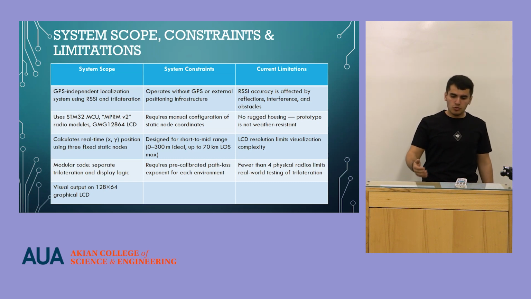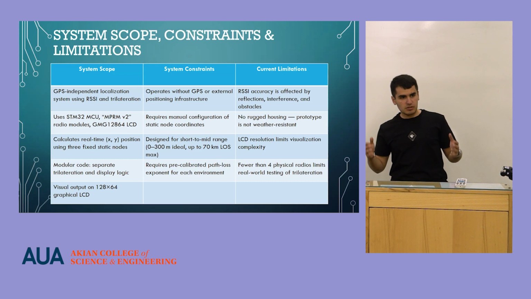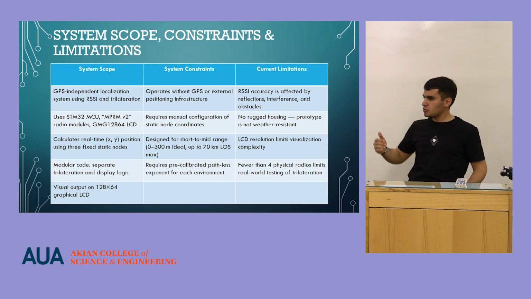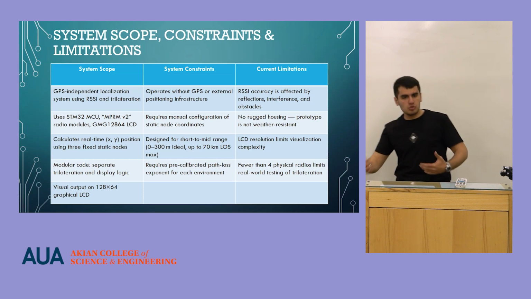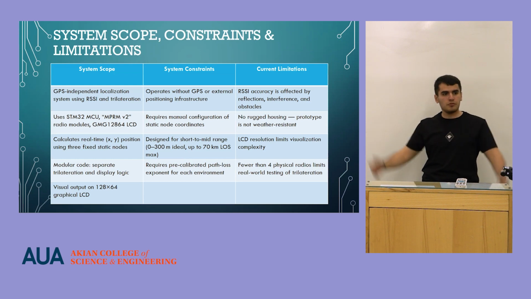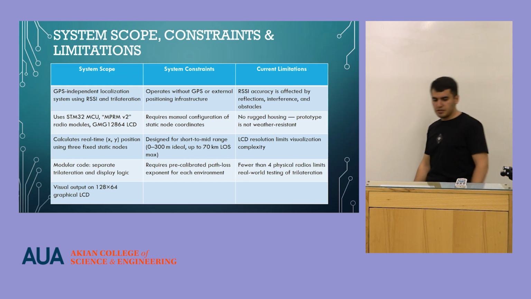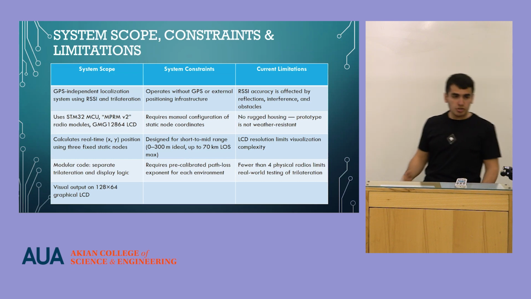It is designed for short to mid range. For a military project, up to 300 meters is the ideal case, but it can reach up to 70 kilometers, so we can use these radios' capabilities for very large-scale projects. It requires a pre-calibrated path loss exponent for each environment.